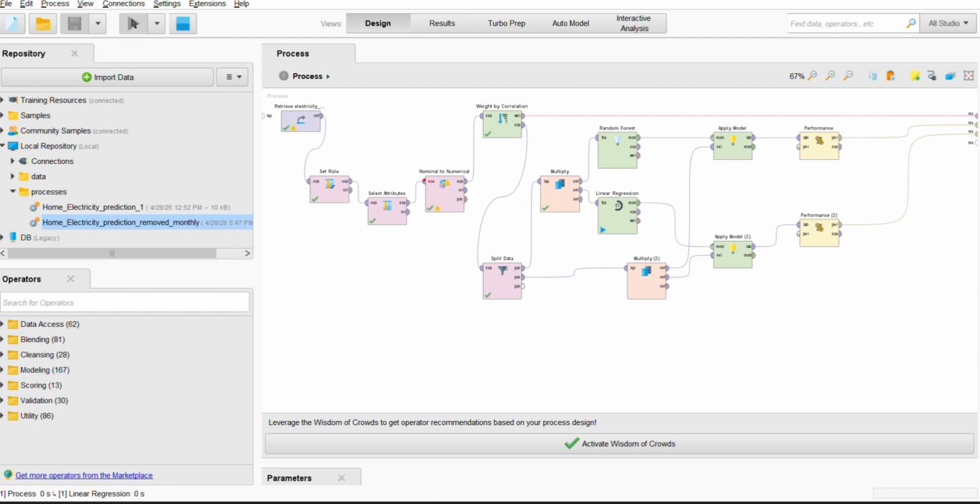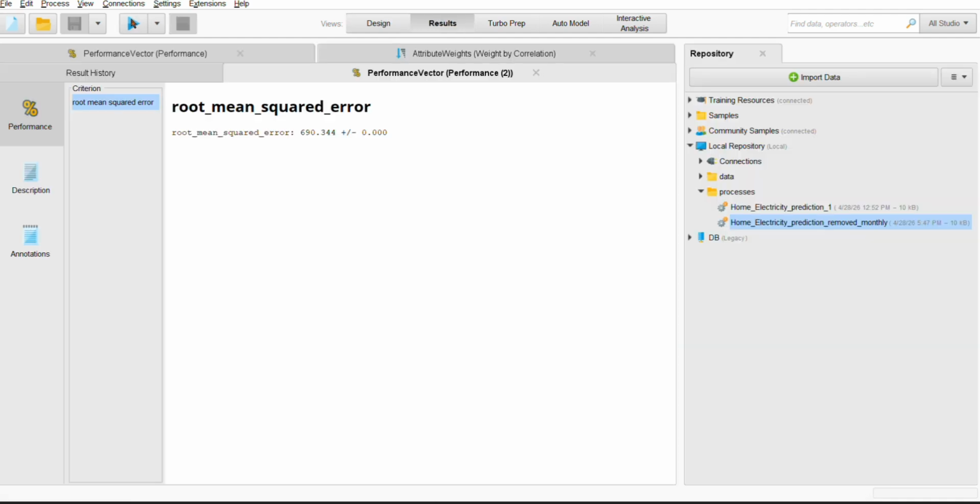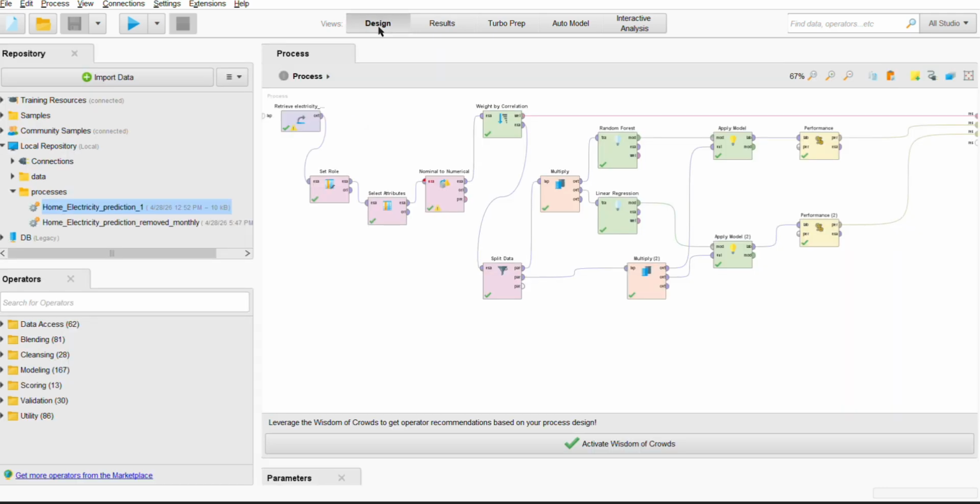So you can see we have another model in which we remove city and monthly hours. I fed the data, and its root mean square error is 630. That means it is fairly based on monthly hours, that is, how much time you use your electricity.